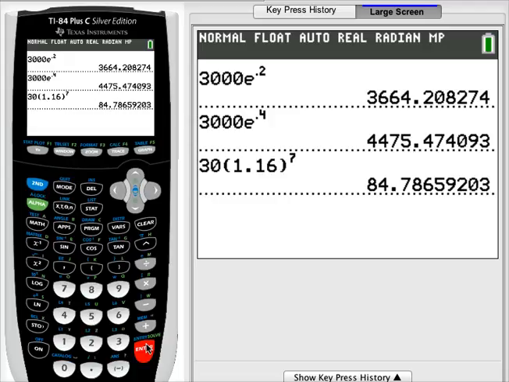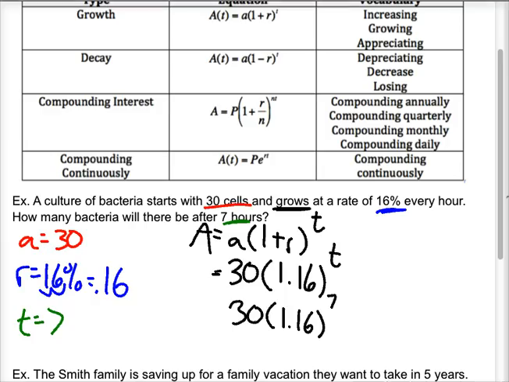So we're talking about 85 cells approximately. Again, when you're talking about living things, round to the nearest whole number. So 85 bacteria cells.